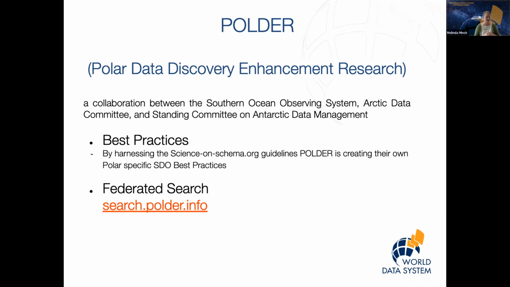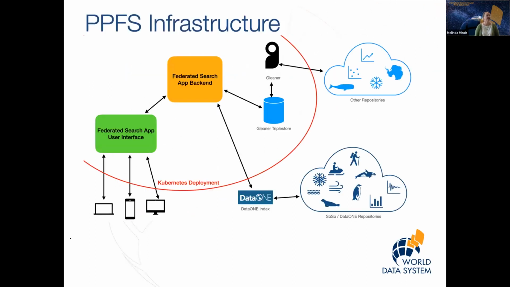And we've been working on 2 things, which is to develop a set of best practices for marking up data sets for the polar community using schema.org, and building a federated search website to crawl and search those data sets. So at the moment, the website, which is search.polder.info, is a web app built in Python Flask.